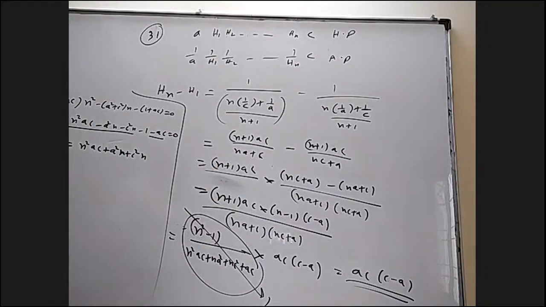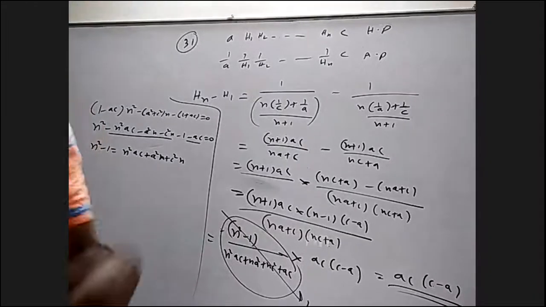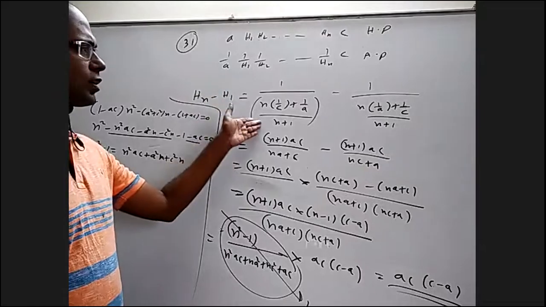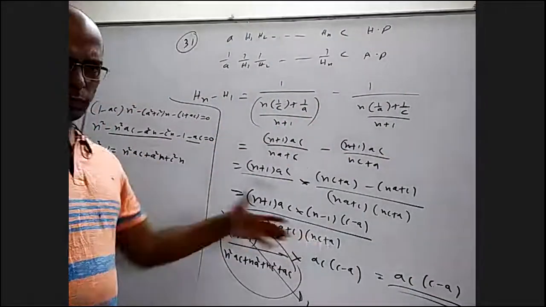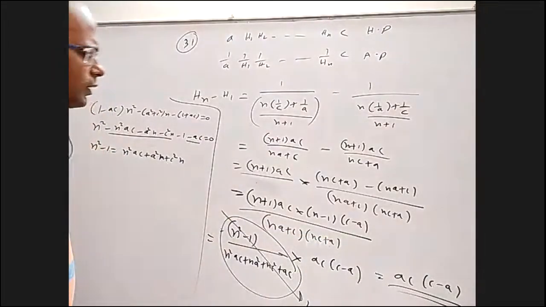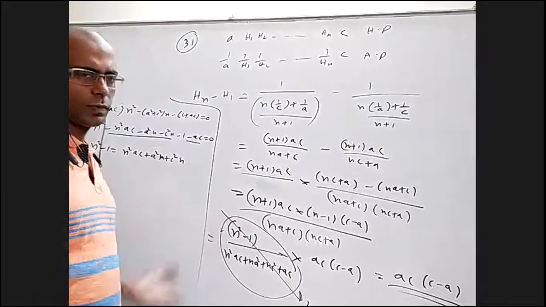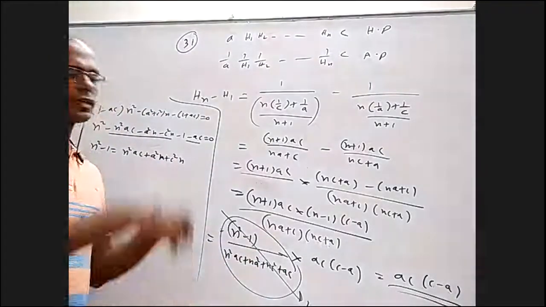Okay, at least some questions don't teach anything much. The only thing you have to know is it is a question based on harmonic means. They ask the difference, I found the nth harmonic mean and the first harmonic mean and found the difference. I cannot do anything about it. It has to be left like that. Just to tell that this value is 1, they equated it to 1, did the cross multiplication and created a quadratic equation. If they had equated this to 5, I'm sure we'd get some other quadratic equation.